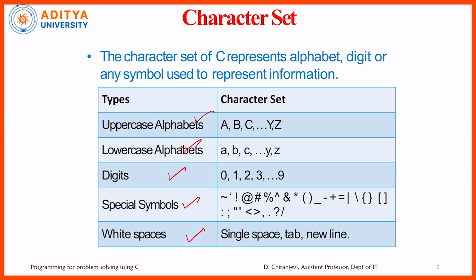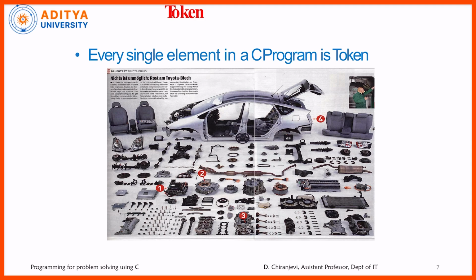Uppercase alphabets are capital A to capital Z, lowercase alphabets are small a to small z, digits are 0 to 9, and symbols are like tilde, exclamation or not operator, at the rate, hash, modulus, power, ampersand and so on. And spaces are like single space, tab space and new line. Tab space equals 4 spaces.